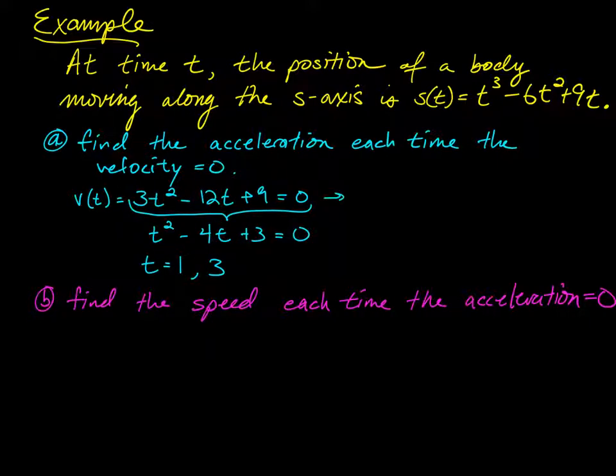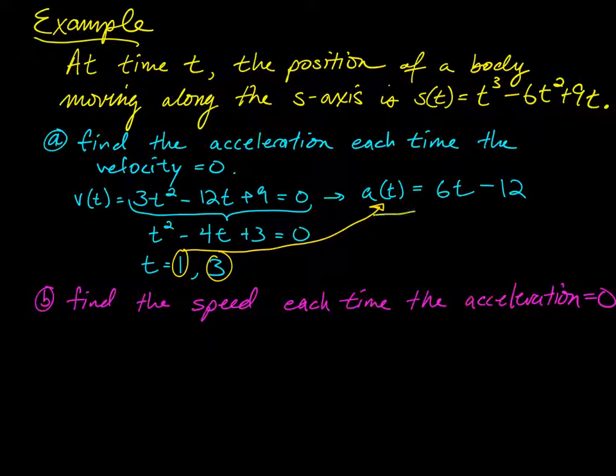So that tells you the acceleration at time t equals 6t minus 12. And that's all by the power rule. What we have to do here is take each of these times separately, of course, and substitute them in for t everywhere you see t.